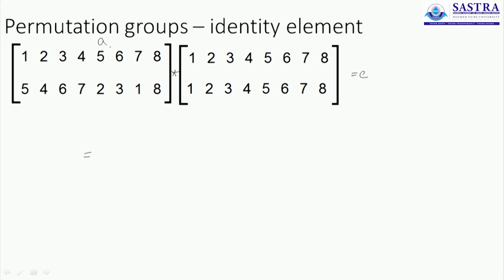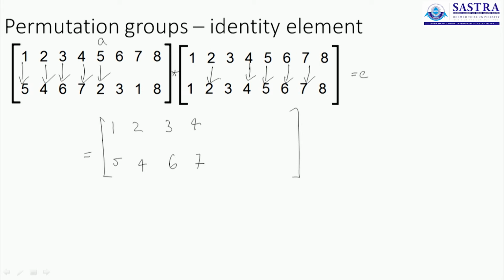Whether that happens or not, we'll just follow. 1 to 5, 5 to 5, so 1 is 5. 2 to 4, 4 to 4, so 2 is 4 again. 3 to 6, 6 to 6, so 3 to 6. 4 to 7, 7 to 7, so 4 to 7 again.